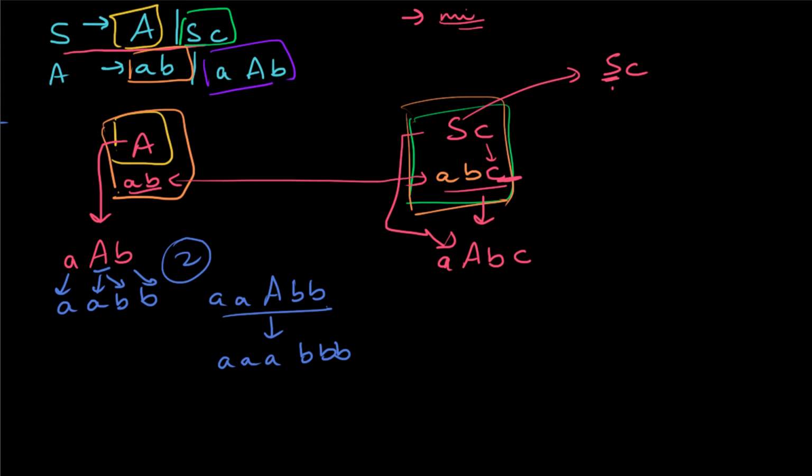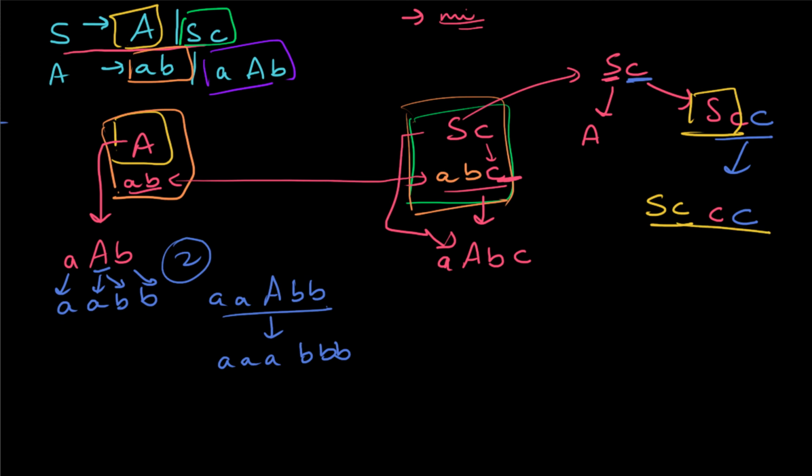So S can call for A or can go for SC. So let me explain. This C is already present here. So one more C will be added, and next time it calls for SC, this C will be already present, and another SC is added. So every time an SC calls for itself, a new C will be added.